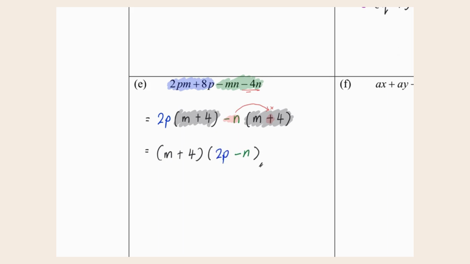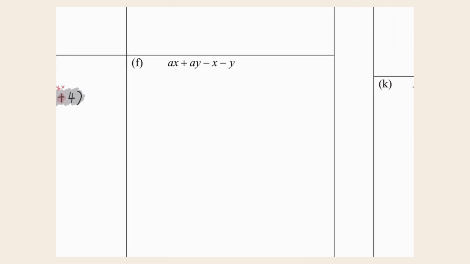Let's move on to part F. Alright, this is straightforward as well with a catch. Okay? Because I saw that a is the common factor, I'm left with x plus y. Then I look at negative x and negative y. On the first look, that does not seem to have a common factor. But this is negative 1x and this is negative 1y.